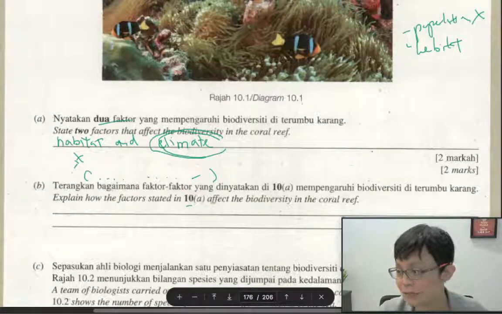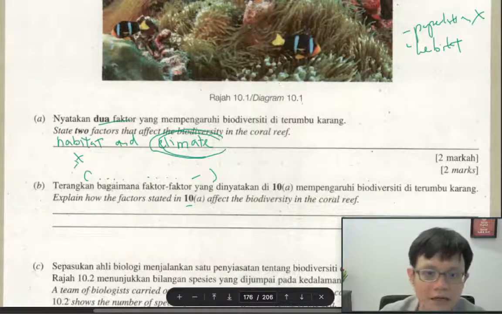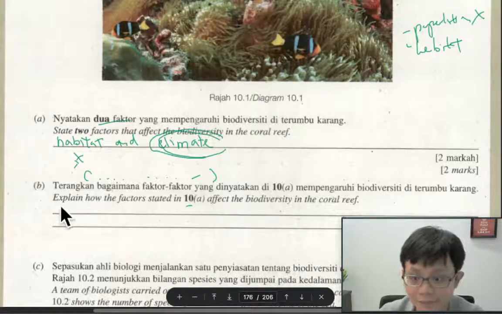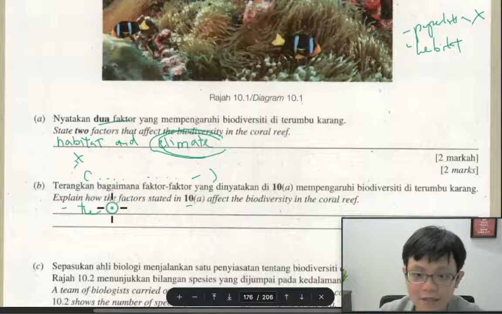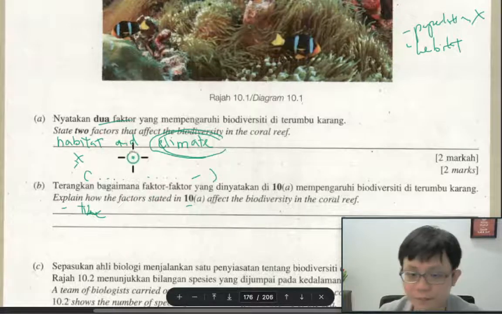Or the book answer says here: the abundance of food in the habitat and suitable climate help to conserve the diversity of coral. Anything. So there are a lot of answers. Maybe I just write something like, okay, what I said I also forgot already.